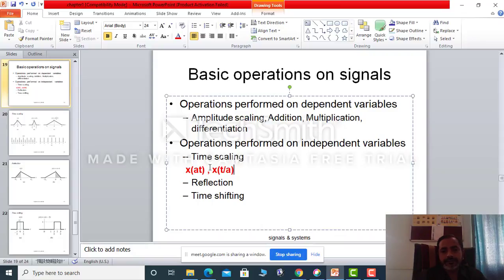You can check. x of at gives me compression on time axis, and decompression is given as x of t divided by a. Is it over?